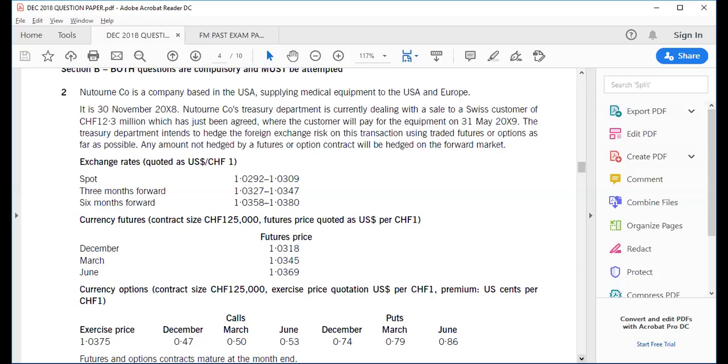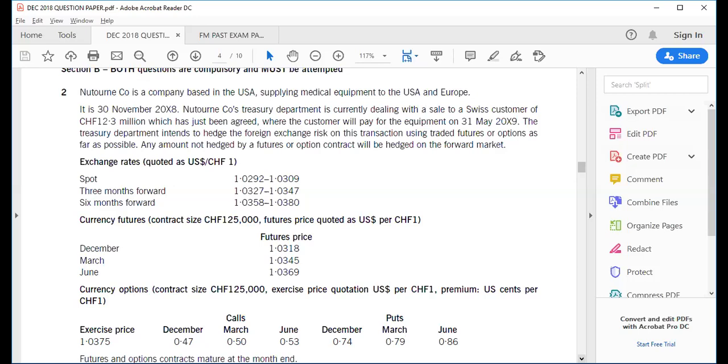The Treasury Department intends to hedge the foreign exchange risk on this transaction using traded futures or options as far as possible. Any amount not hedged by futures or option contract will be hedged on the forward market. Exchange rates have been given for the spot, 3 months forward, 6 months forward. And the currency futures, the contract size of 125,000 Swiss, futures price quoted as US dollars per Swiss.